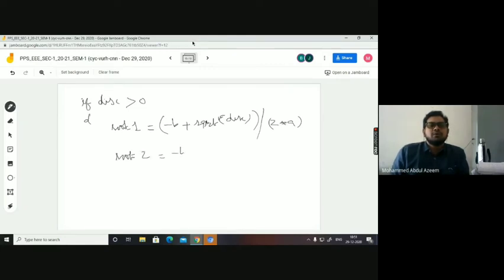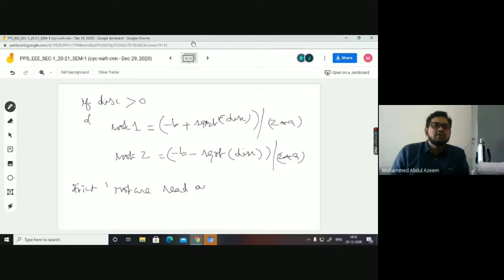Root 2 equal to minus b minus sqrt of disc by 2 into a. So now we are going to print saying that roots are real and distinct.